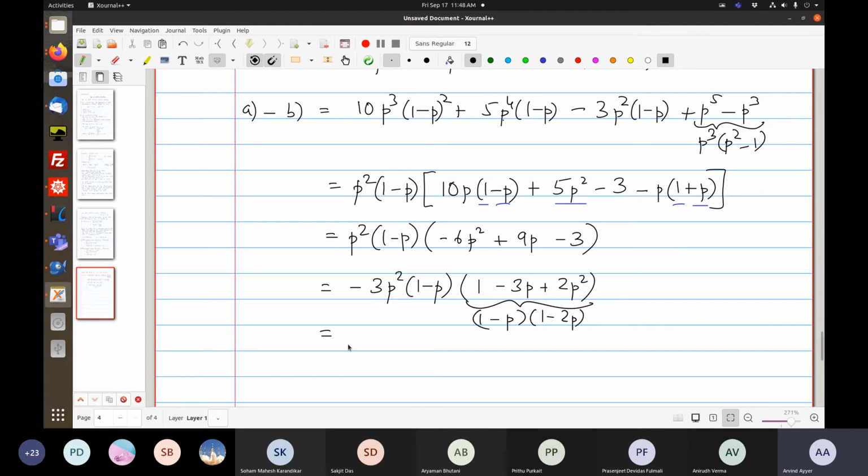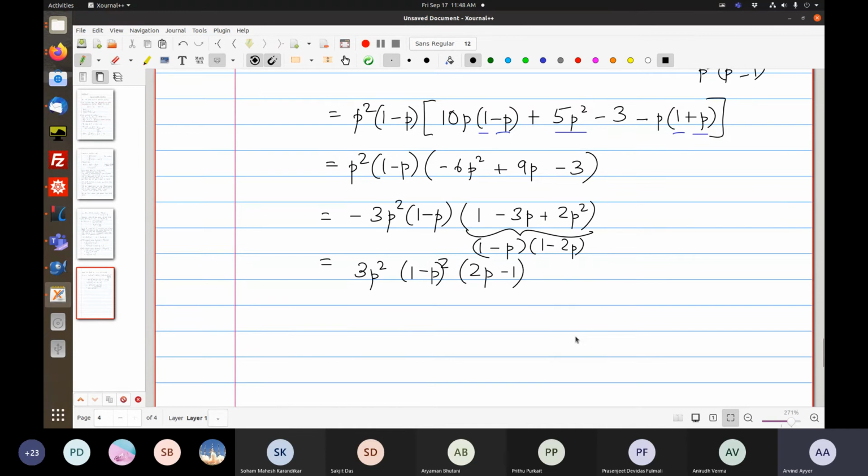Now I'll absorb this minus sign over here, so I get 3p squared. Because I'm dealing with inequalities, I don't want extra negative signs hanging around. So 3p squared 1 minus p whole squared times 2p minus 1.